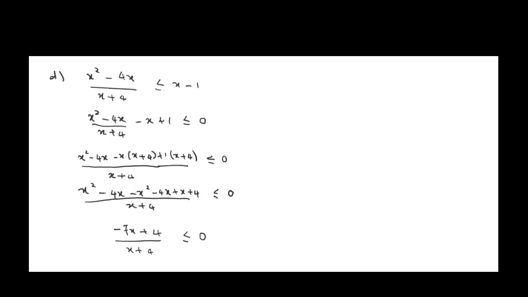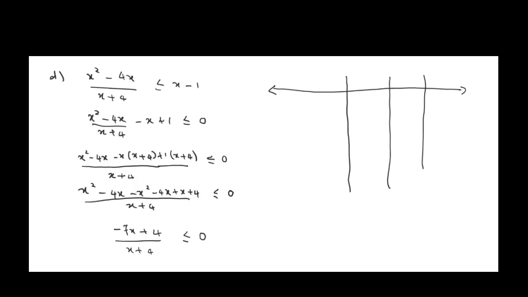And the last step to solve this inequality is by using a table of signs. To use the table of signs, first we have to draw the number line where we put all the zeros. Here the zeros are 4 over 7 and negative 4. So negative 4 followed by 4 over 7.